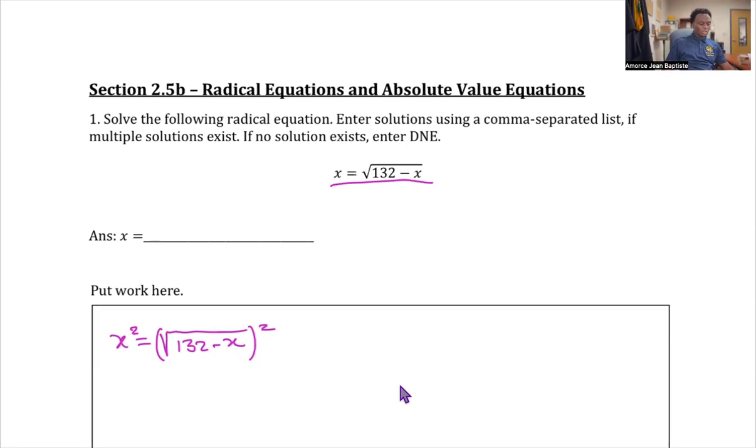To cancel the radical, we raise both sides to the power of the index of the radical. The index of the radical here is 2. When you don't see anything, that means it's 2. So I raise both sides to the second power.